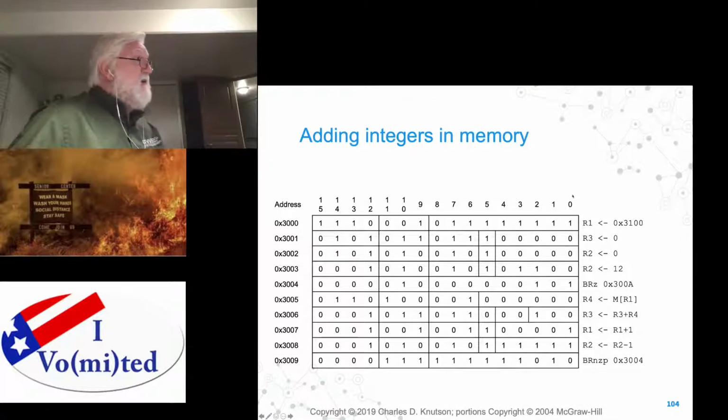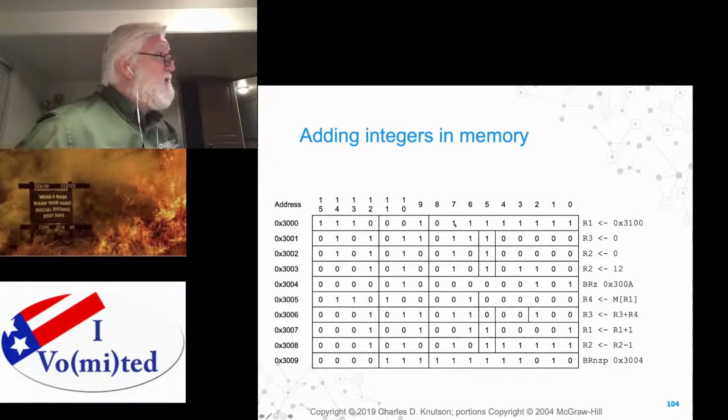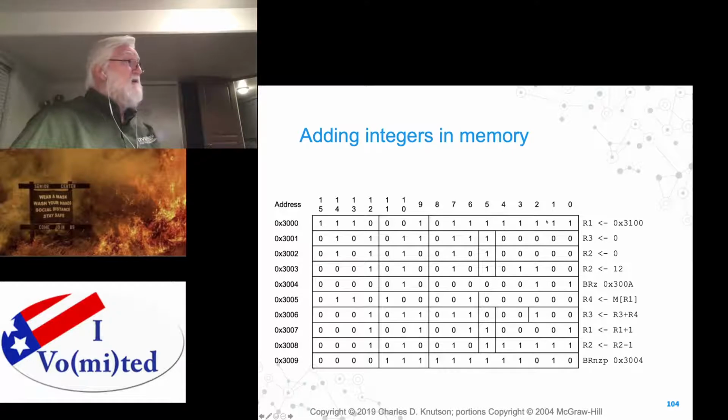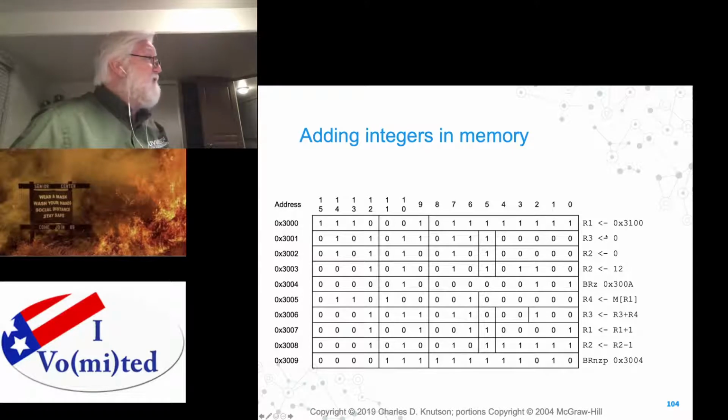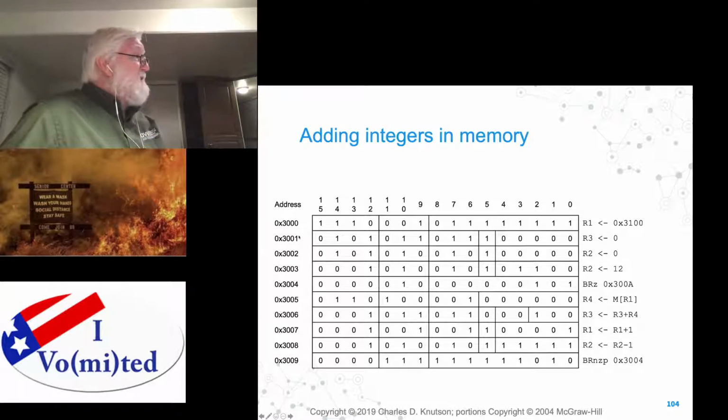And it turns out, you're just going to have to trust me on this, that this number right here, which is 1 plus 2 plus 4 plus 8 plus 16 plus 32 plus 64 plus 128 is, well, there's actually a couple ways of looking at this. The PC has already been incremented, so the PC is currently 3001. And what is this whole number plus 1?